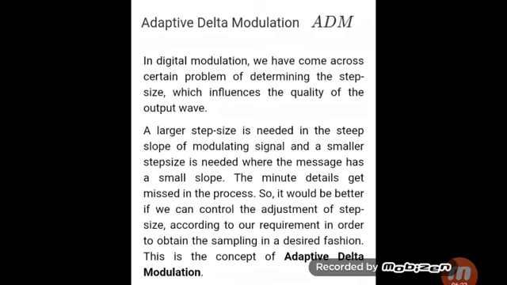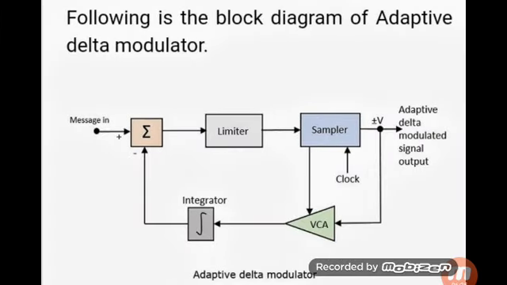This is the fundamental block diagram of adaptive delta modulation. In it we see different blocks: limiter, sampler, integrator, differentiator, and voltage control amplifier.